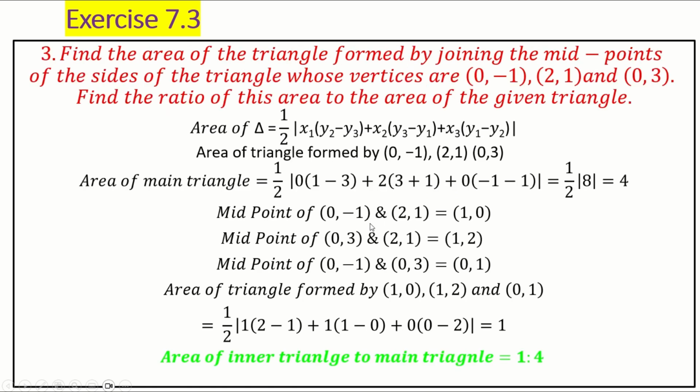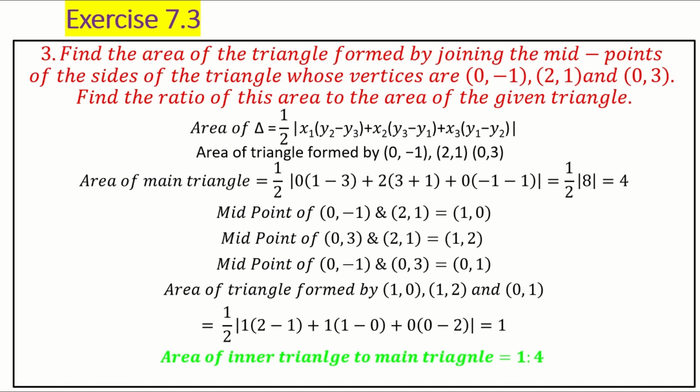Okay. Next question. Find the area of the triangle formed by joining the midpoints of the sides of the triangle whose vertices are given. Find the ratio of this area to the area of the given triangle. The three vertices are (0, minus 1), (2, 1) and (0, 3). A triangle is formed and we are forming another triangle by connecting the midpoints of the sides.